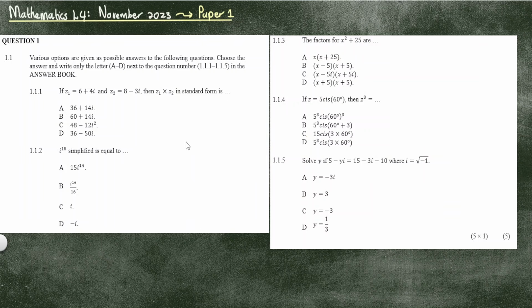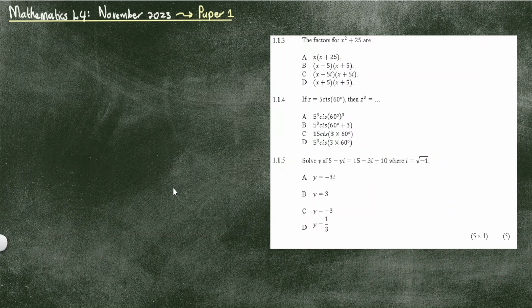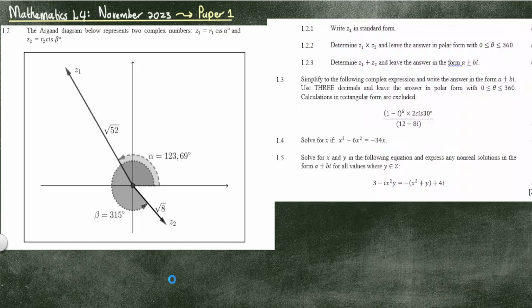Okay. Now I'm going to take this out. Let's go to the next part of the question. So here on 1.2, we are given an Argand diagram representing two complex numbers, Z1. We are not told what the modulus value is, right?